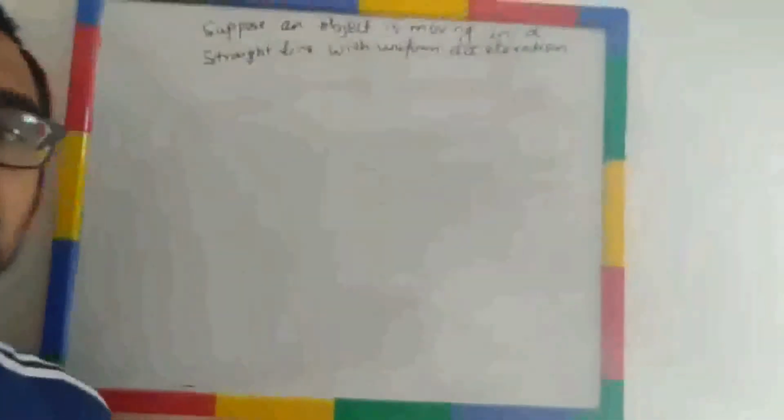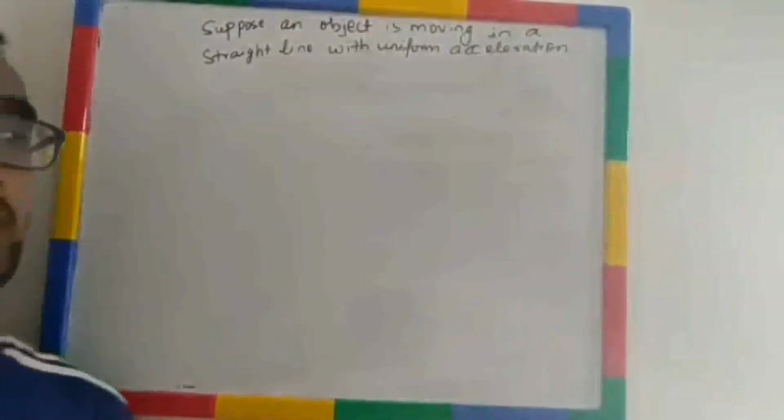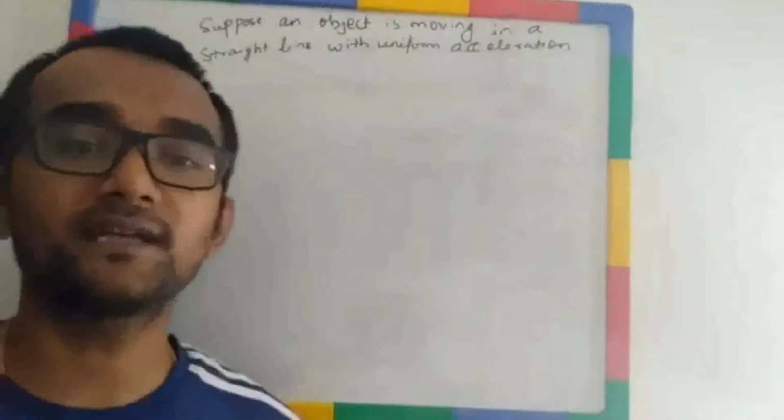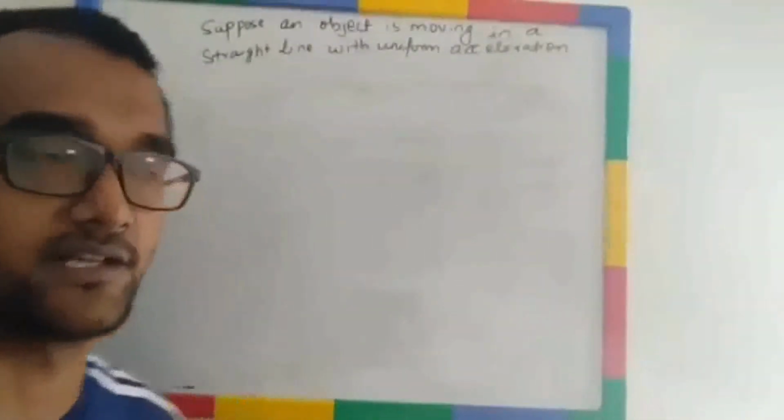So all the three equations of motion will be derived on the basis of this condition, that an object is moving in a straight line with uniform acceleration.